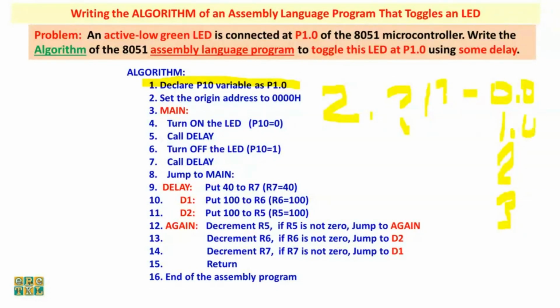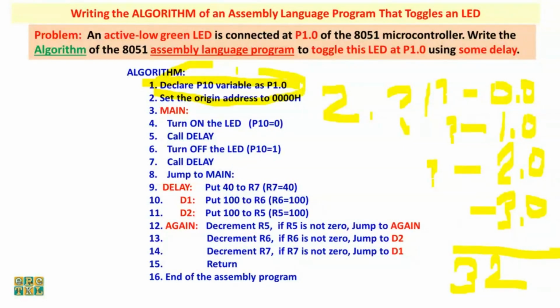I can start from 1.0. What's the last? 1.7. I can ask 2.0. What's the last? 2.7. I can ask 3.0 up to 3.7. So total, how many pins can I ask? I can ask you 32 pins. How many do I ask here? Only one.